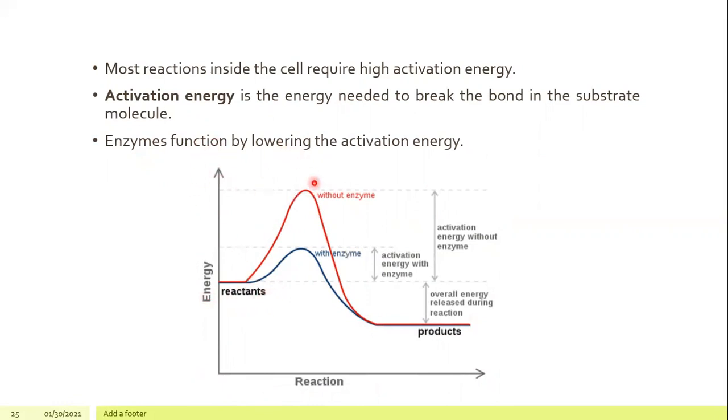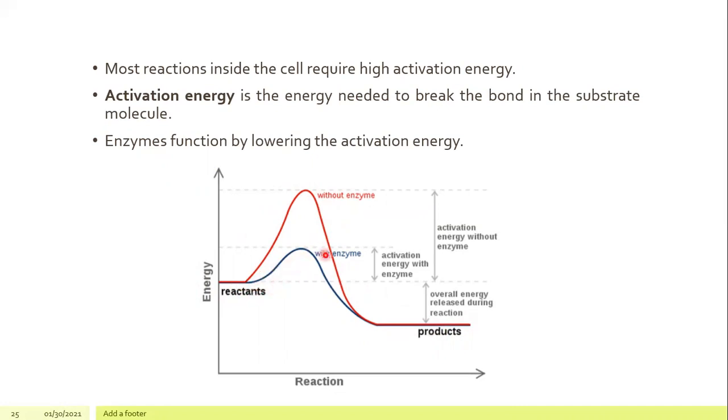So you see the red line is the process without an enzyme. A process without an enzyme will use a higher energy. They will need higher energy to complete the reactions to produce the products.